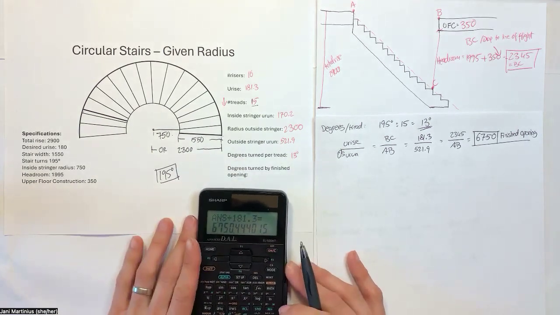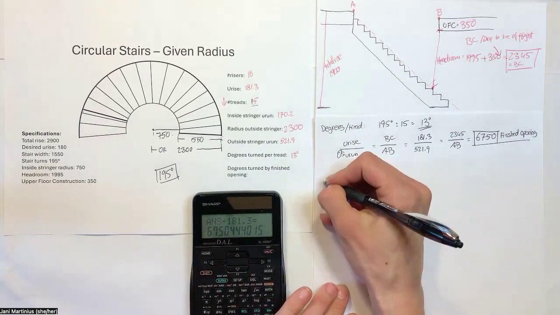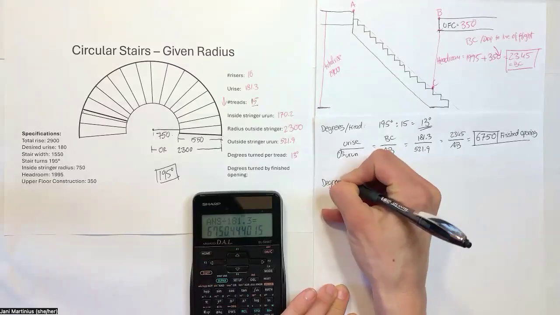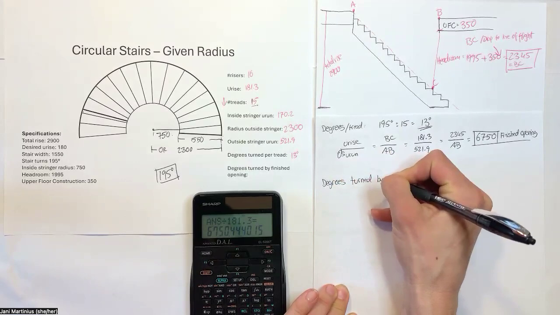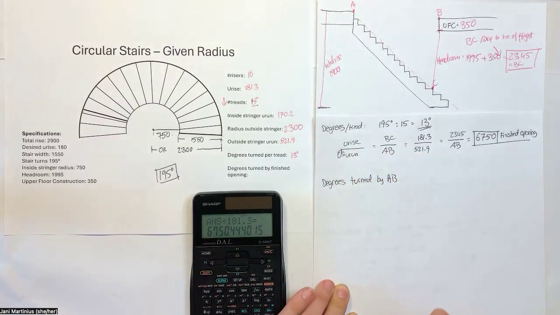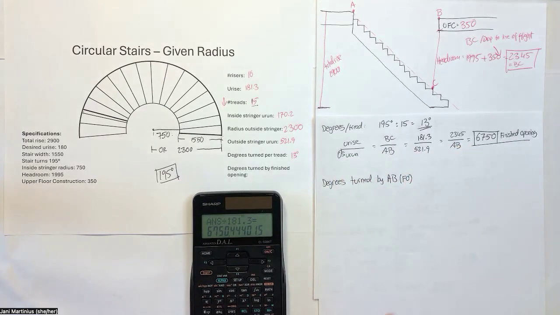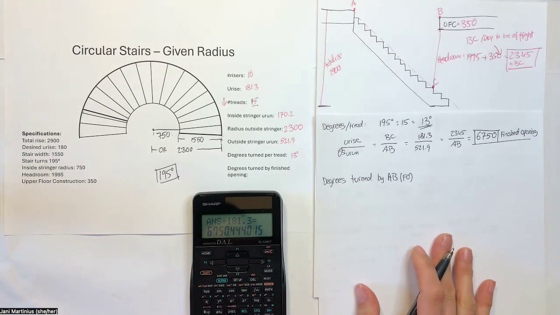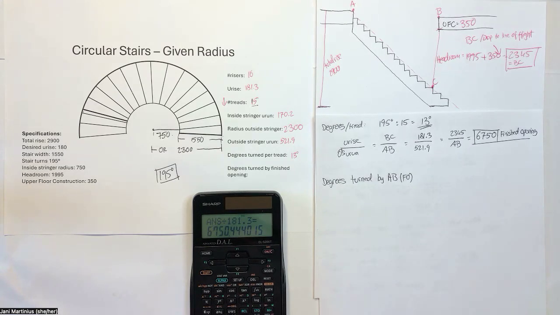Excellent. So now degrees turned by our finished opening. And I'll just call it AB. Often it can also be called FO for finished opening. We can do some more ratio and proportion here. So we want to find the degrees of our opening.